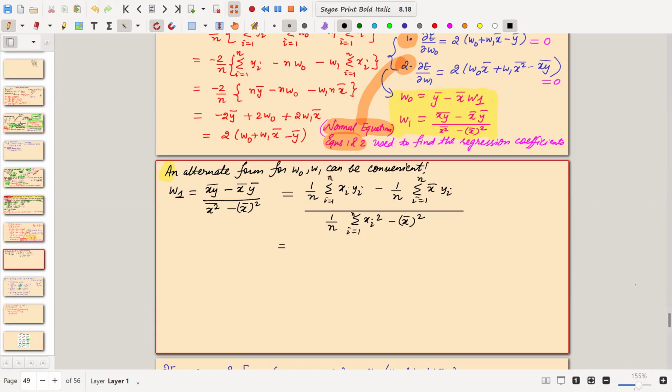We can write it as 1 by n summation xi minus x bar, yi, divided by 1 by n summation xi square minus n x bar square.